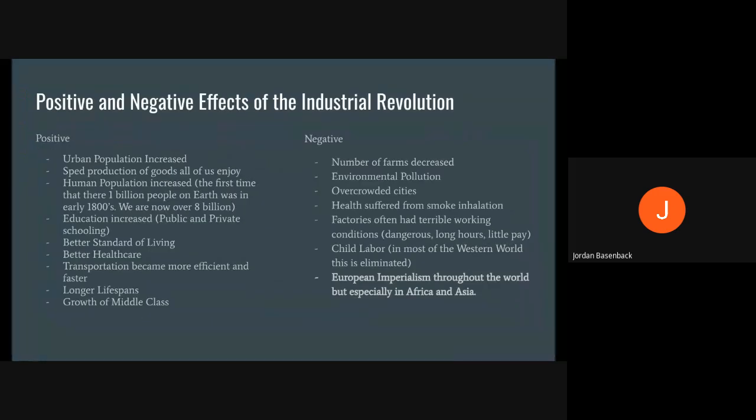And so that leads us into looking a little bit deeper here at the positive and negative effects of the Industrial Revolution. On the positive side, the urban population increased. We saw more people move from the farms to the cities. You also saw a speeding up of production of goods that all of us enjoy.